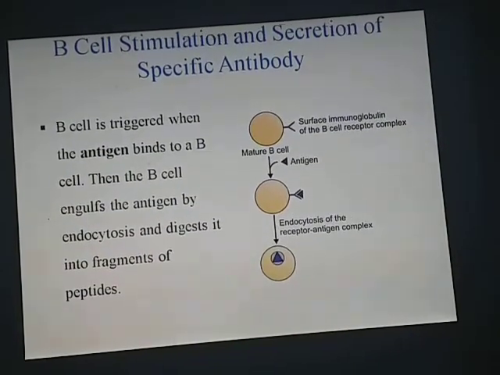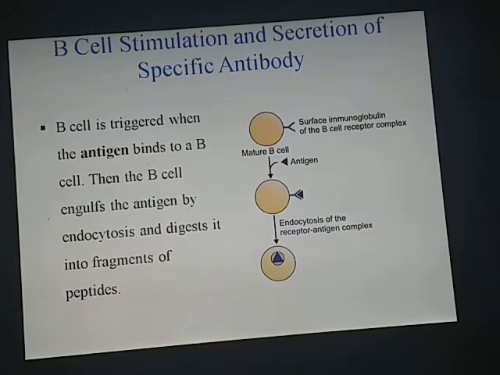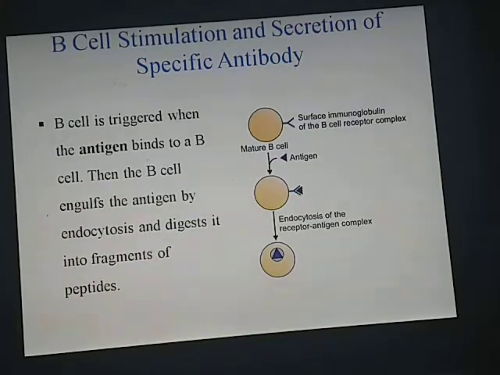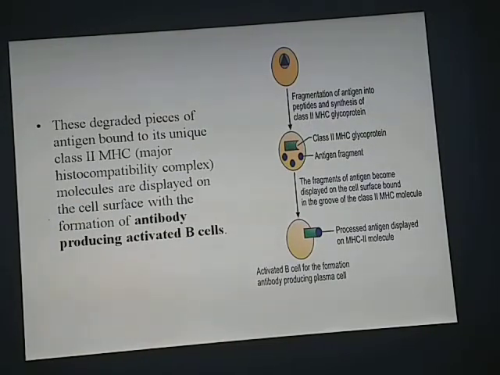So here is how there is stimulation of B cells and secretion of specific antibody. B cells are triggered when the antigen binds to the B cell, as you can see in the diagram. Then the B cell engulfs the antigen by endocytosis and digests it into peptide fragments.